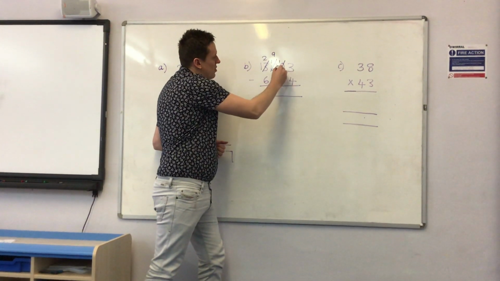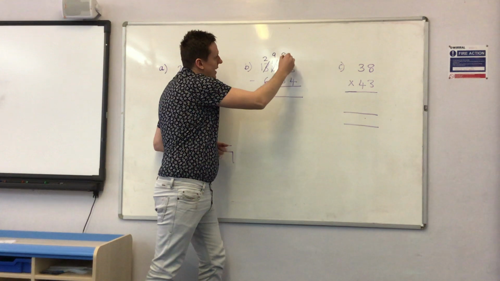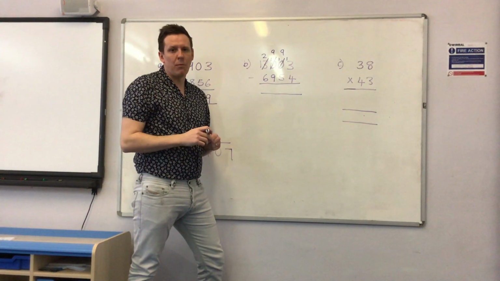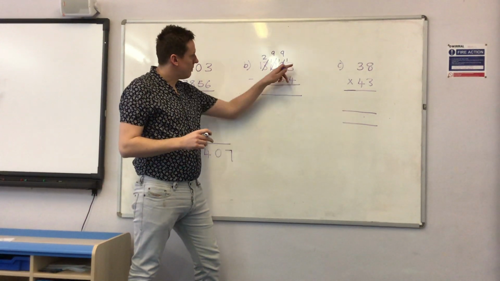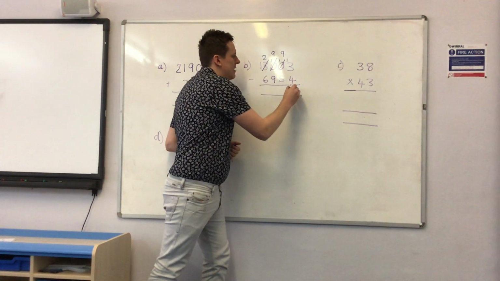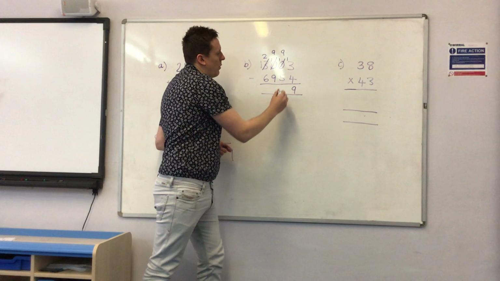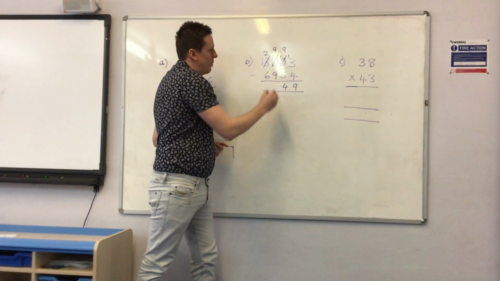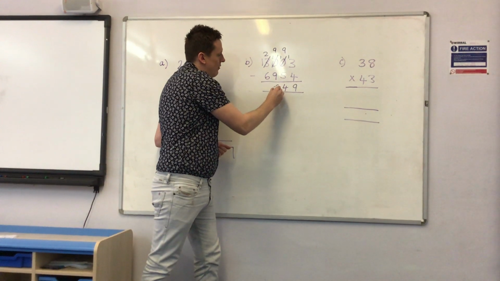Now I can finally exchange and create 9 tens, and take my 1 in front of my 3 and my 1s to create 13. 13 take away 4 is of course 9. 9 take away 5 in my tens column is 4 tens. 900s take away 900s is 0.